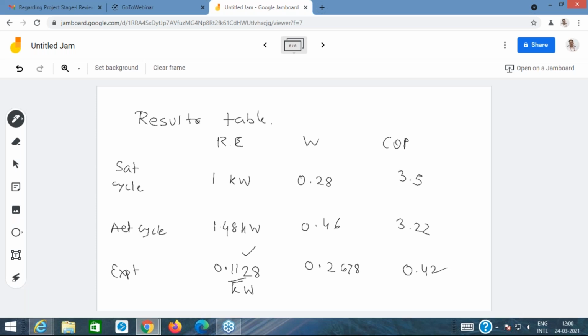For example, the saturation cycle would obviously yield more refrigerating effect because it gives a higher enthalpy at the inlet of the compressor. The power consumption would be more in the actual cycle because the process won't be isentropic as in the saturation cycle, and hence the delta H across the compressor will be more because there will be friction in the compressor, and the coefficient of performance would accordingly change.